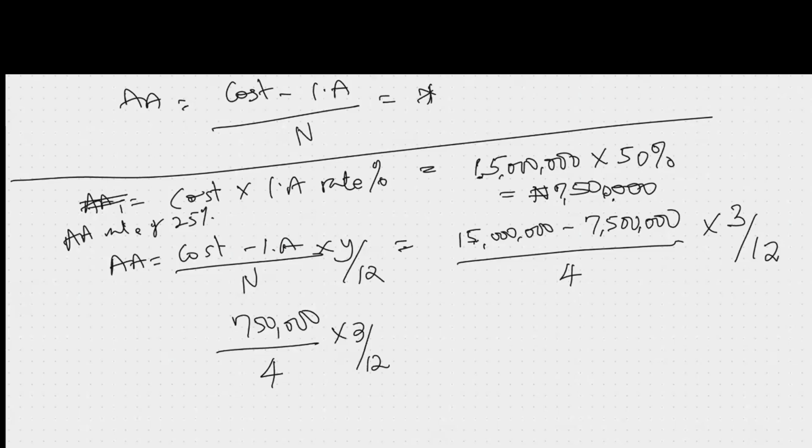So what do you have when you calculate your answer? What do you have? 46,875. Okay, this is 5 million, that's 1.5 million. Check it out.